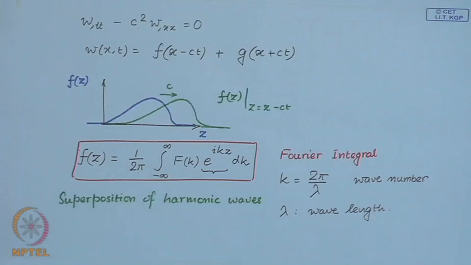Now, since we are dealing with linear systems, a superposition of harmonic waves that represents a pulse means that if we study the propagation of a harmonic wave, we can construct the propagation of our pulse by just superposing all these individual harmonic waves.